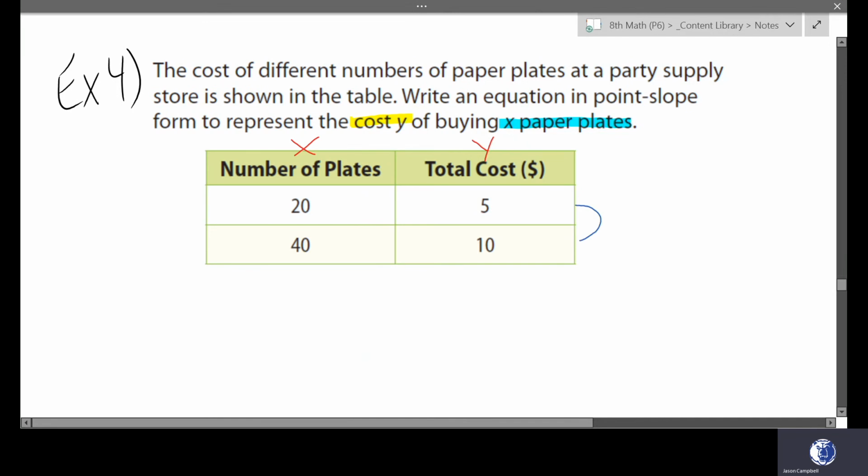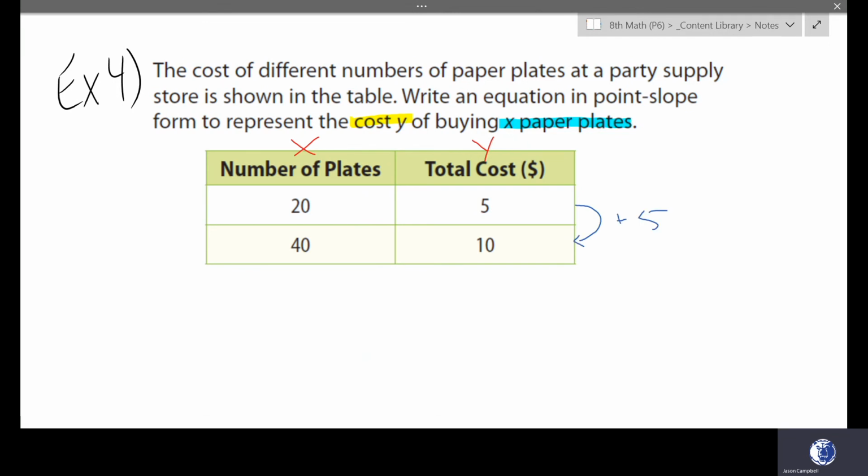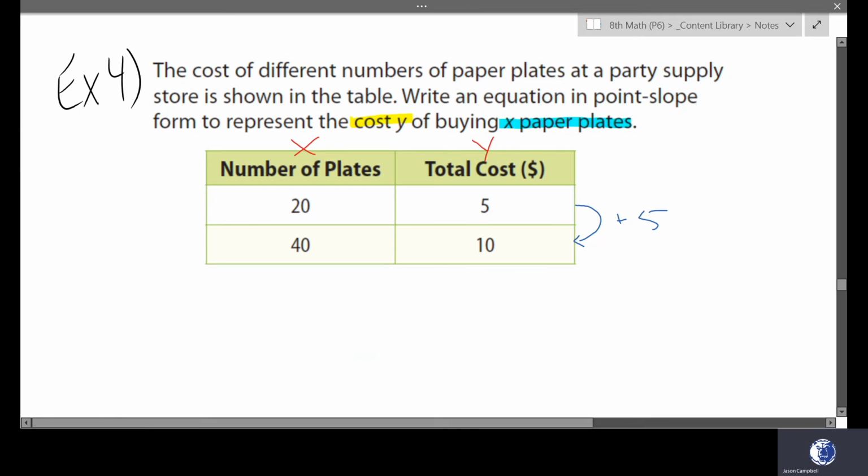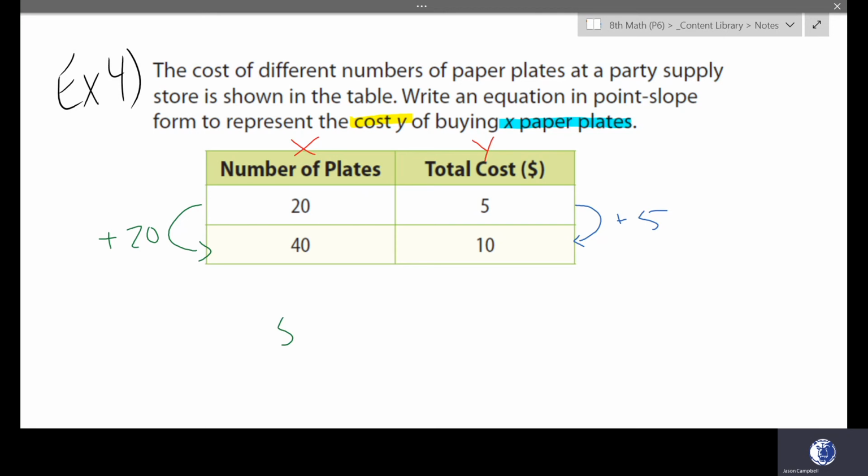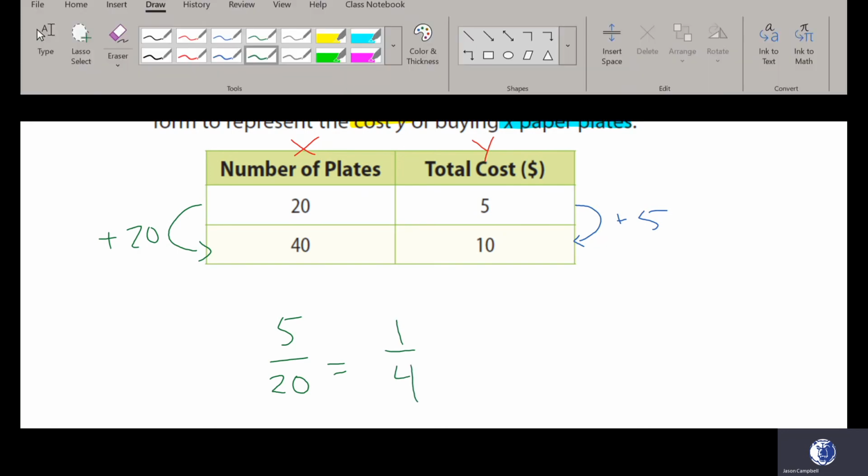My change here was +5, and my change over here was +20. So my change in y over my change in x is 5 over 20, which can be simplified to 1/4. So that's my slope.